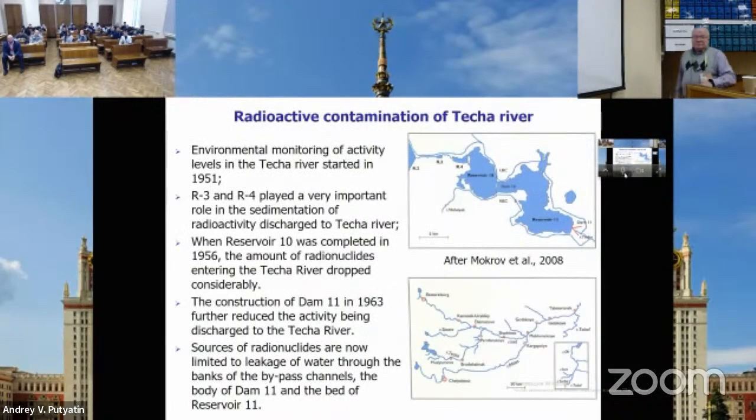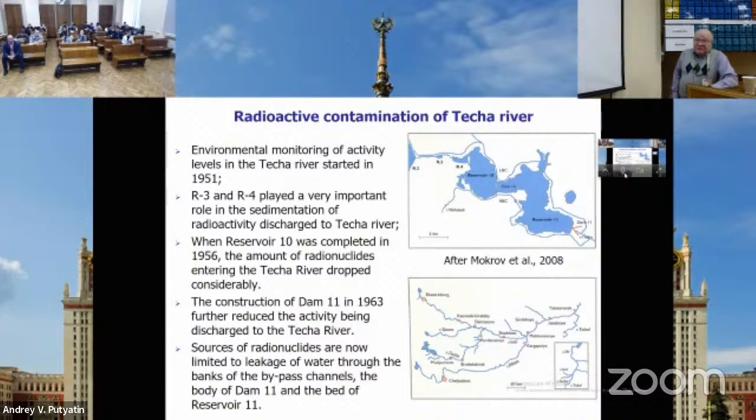So, first, radioactive contamination of the Techa River. First of all, as I told already, the intermediate and low-level radioactive waste was directly discharged to the Techa River, specifically in these two reservoirs, Reservoir 3 and Reservoir 4.